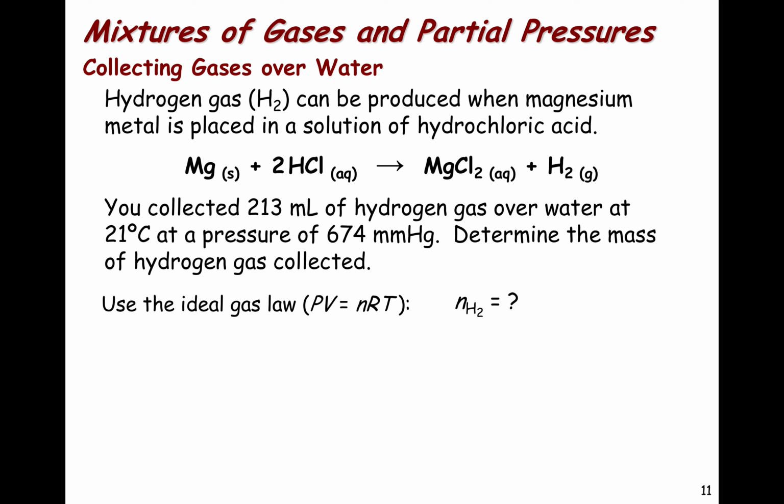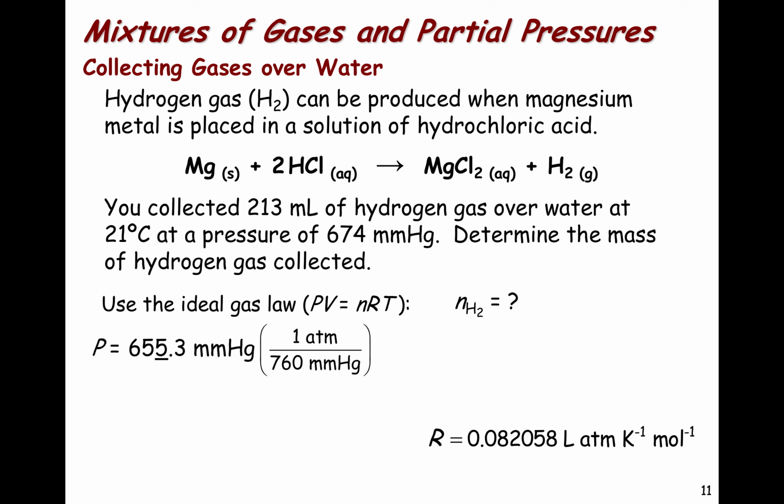Now that we know what the pressure of the hydrogen is in the inverted graduated cylinder, we can then use our ideal gas law to figure out our moles. First thing is we need to convert the millimeters of mercury into atmospheres because the gas constant's units are in atmospheres.